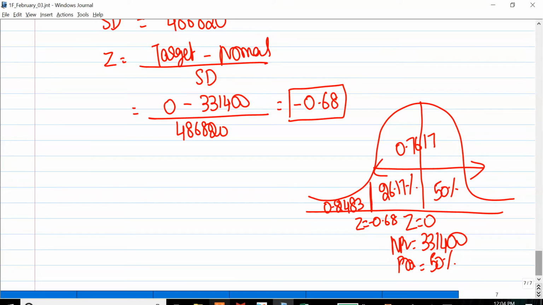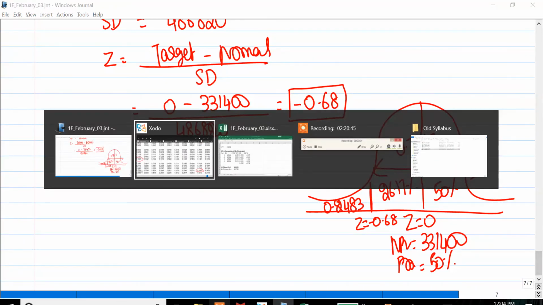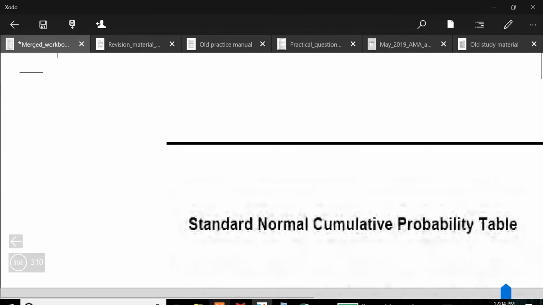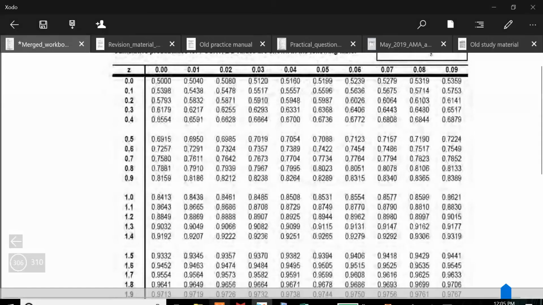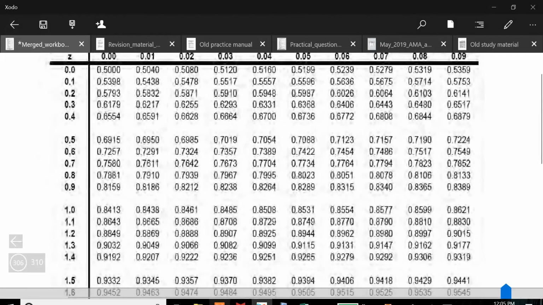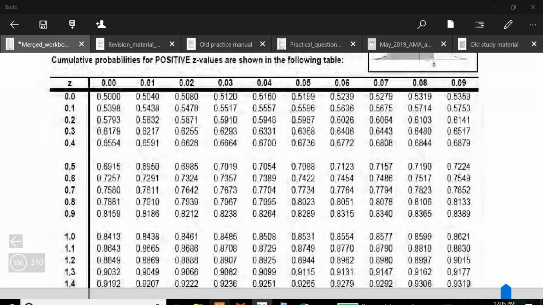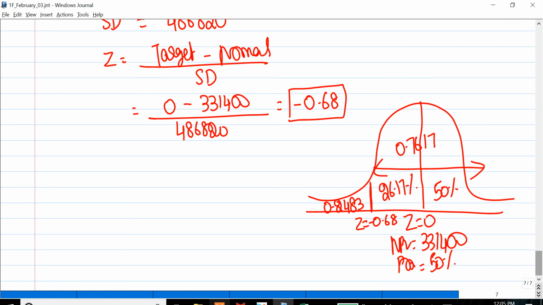And in case Z is negative, the probability would be less than 50%.